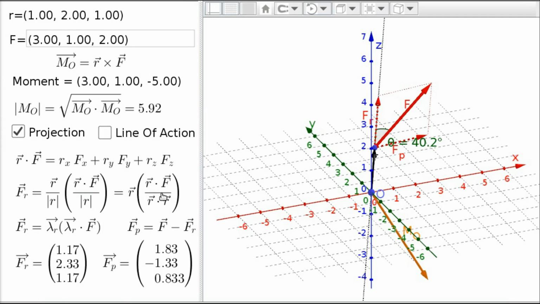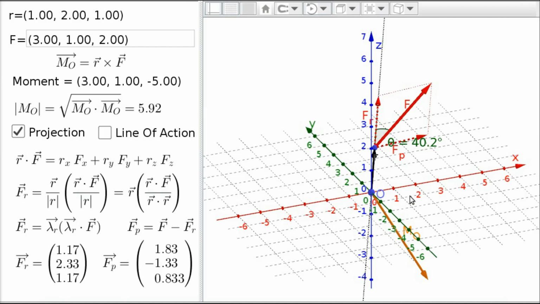And another way to compute it is to use just the direction vector lambda r, which is this r vector divided by its magnitude times this product.